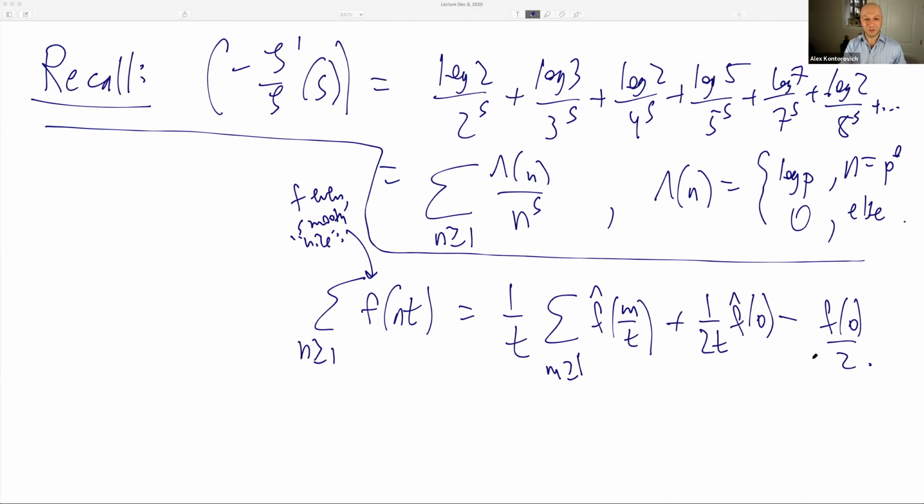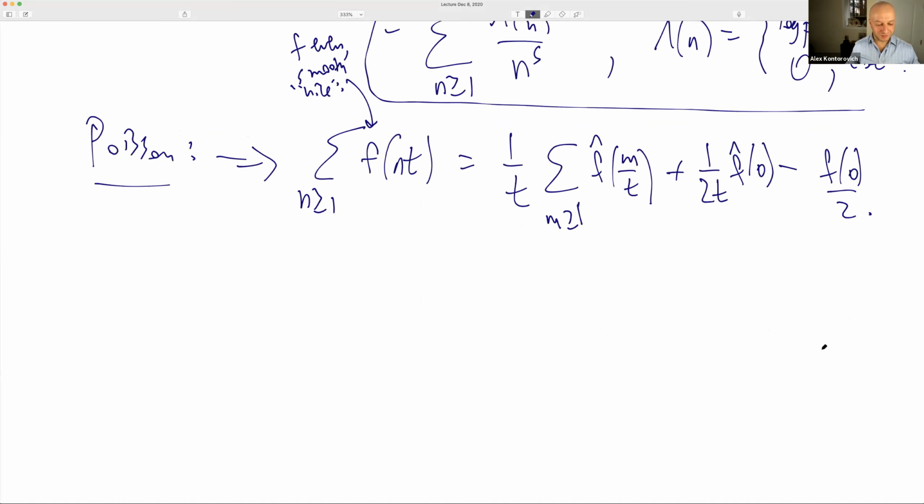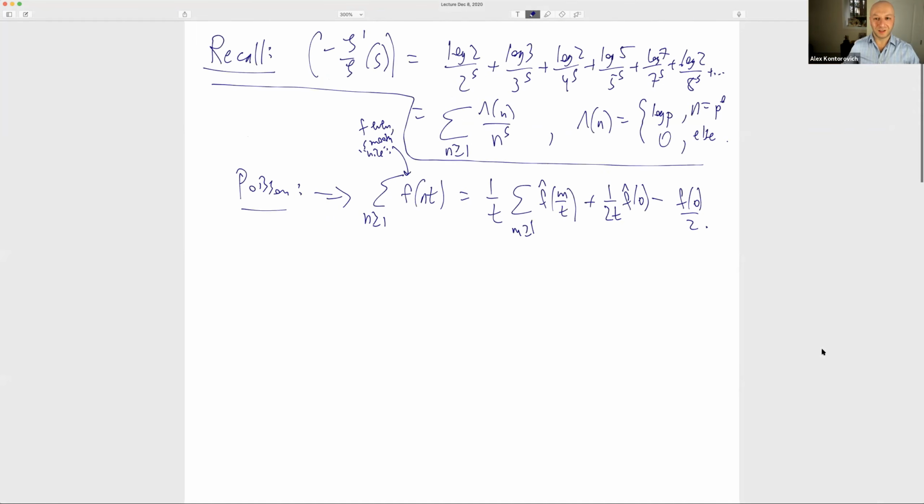That's just Poisson summation. Poisson summation told us this. We took Mellin transforms of both sides. So the integral from 0 to infinity, a sum over the positive numbers of this. This is a theta function. t is a positive real number.